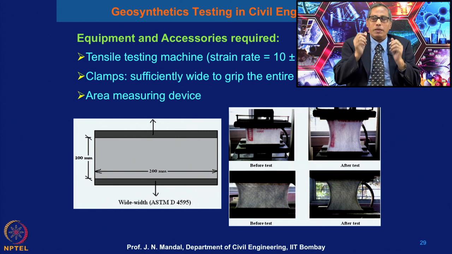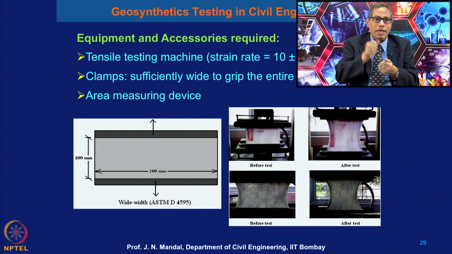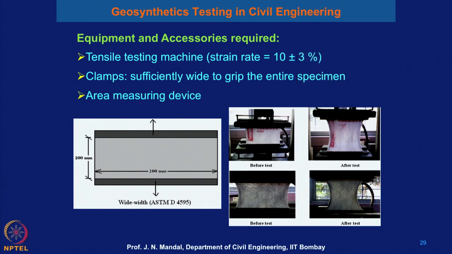You need a proper clamping arrangement and sufficient width to grip the entire specimen, that is very important, and an area measuring device. So, you can see here this is the sample, and the size of the sample is 200 millimeter, and 100 millimeter is the gauge length.